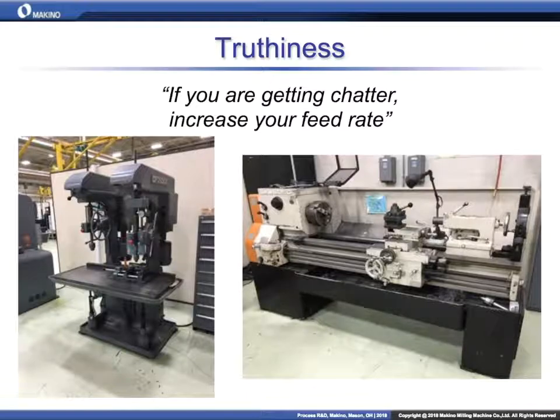Every manufacturer is different. Follow their recommendation. So this phrase, if you're getting chatter, increase your feed rate, only applies if you're feeding well below the manufacturer's recommended chip load. So if you're feeding half a thou per tooth or 12 microns per tooth, that's probably inappropriate. And this would be the answer for that.